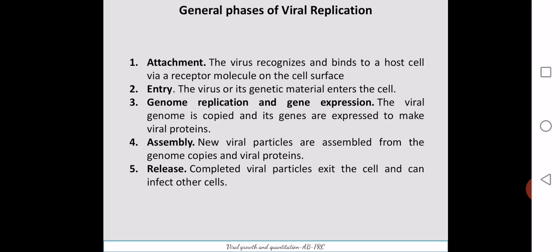Then the second stage will be entry or penetration. Usually, not the entire virus enters into the host cytoplasm. Instead, the genetic material, DNA or RNA, is injected into the cytoplasm. This is what we call entry or penetration, the injection of the genetic material into the host cytoplasm. Then the third process will be the replication process.